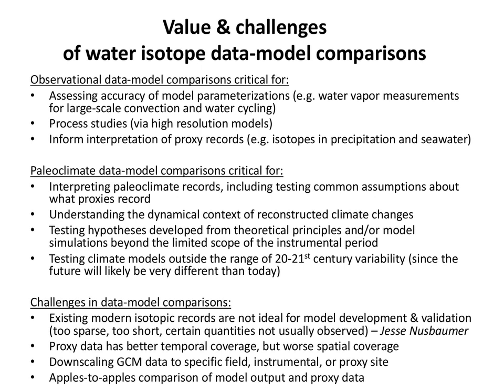But there are a number of challenges to making these data model comparisons. Some of those include the fact that, as Jesse described previously, existing modern isotope records aren't ideal for model development and validation because they're often too sparse or too short, or they don't pick up on the quantities that are really needed for model development.